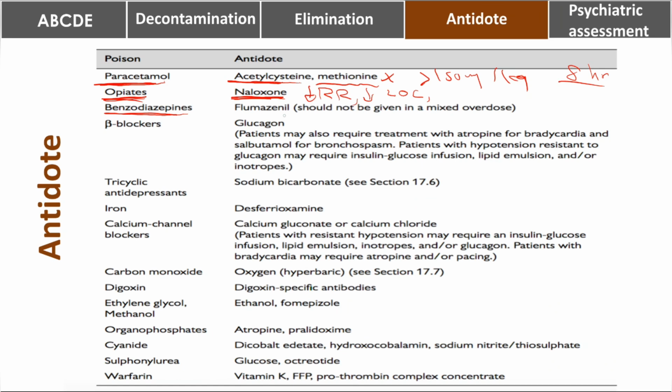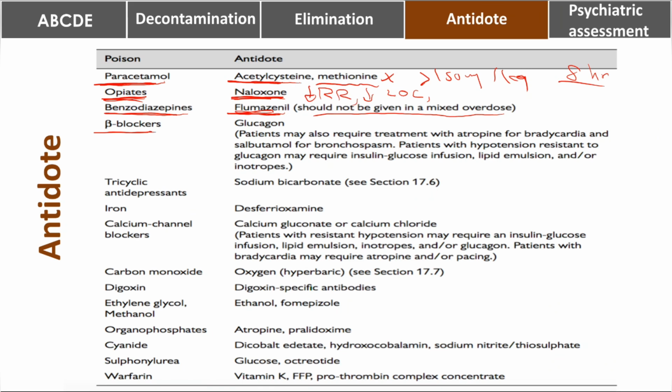Benzodiazepine: if the patient is developing respiratory depression or even cardiac arrest, you may give flumazenil, but be careful. It should not be given in mixed overdose, especially if taken with tricyclic antidepressant, because it may lead to convulsions if you give flumazenil.